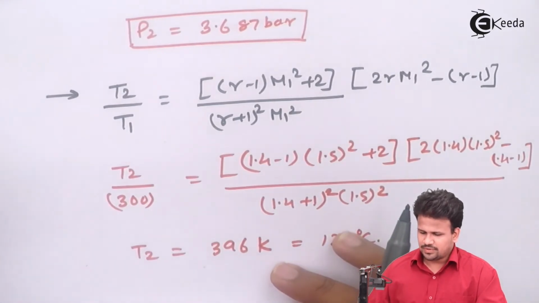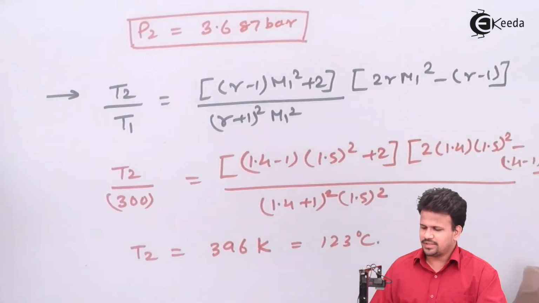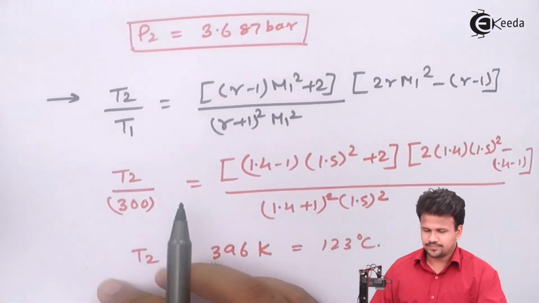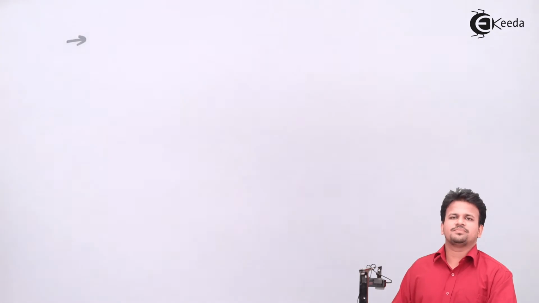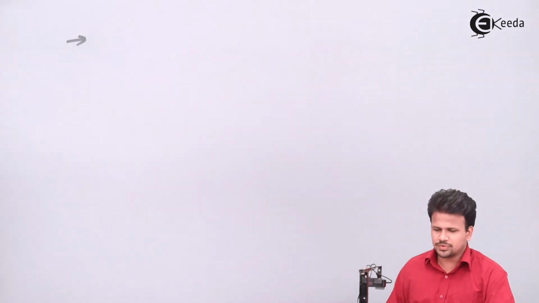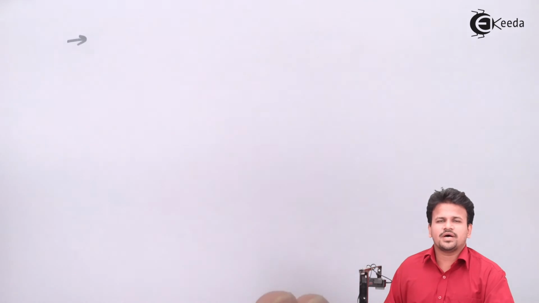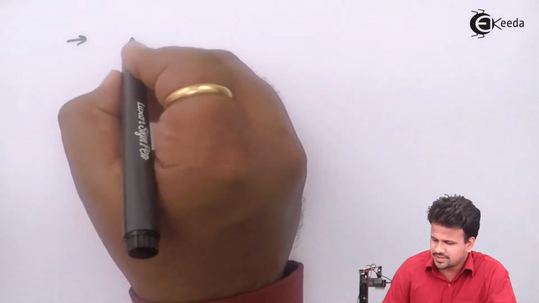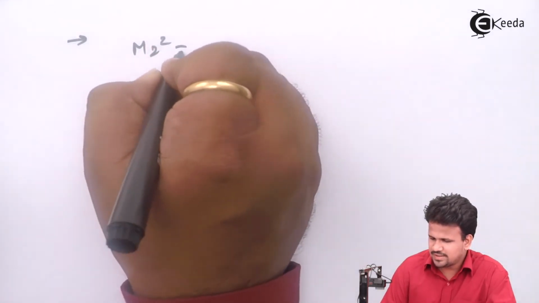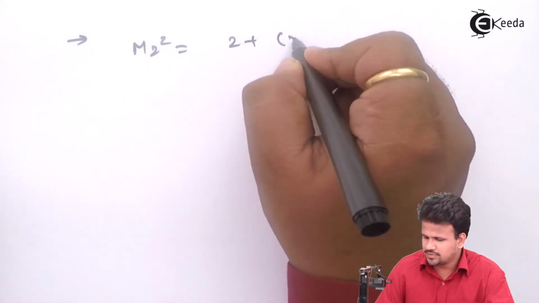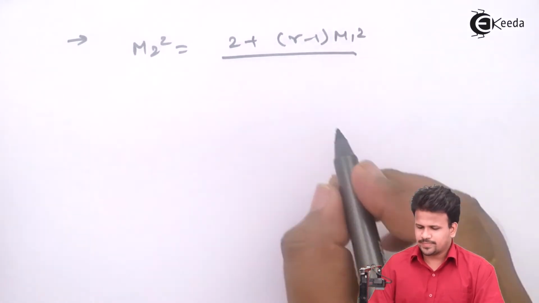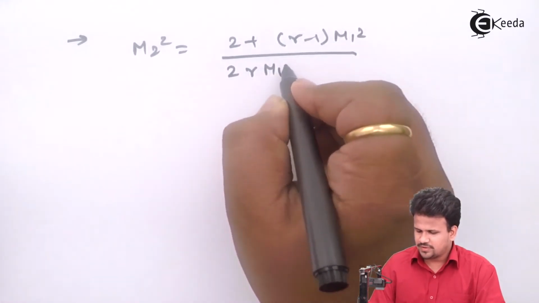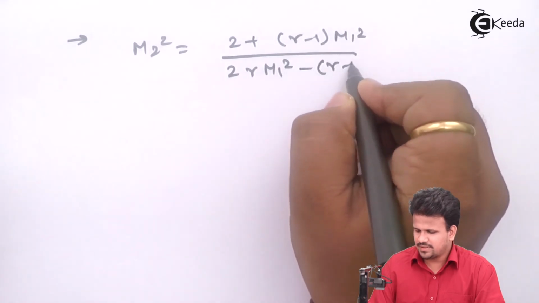Now let us calculate the Mach number at the outlet in the downstream. The relationship between the upstream Mach number M1 and the downstream Mach number M2 is given as M2 square equals 2 into (gamma minus 1) into M1 square, the whole upon 2 into gamma into M1 square minus (gamma minus 1).